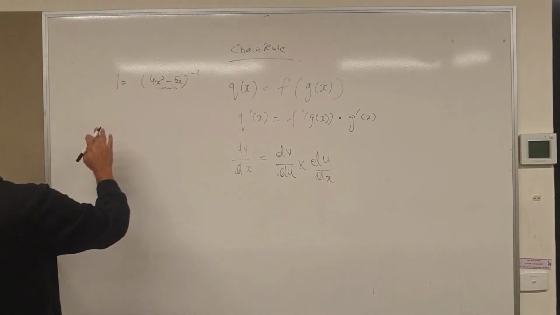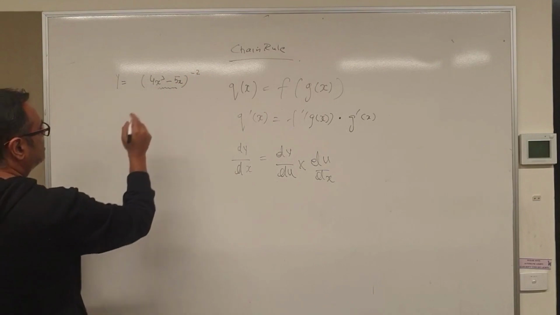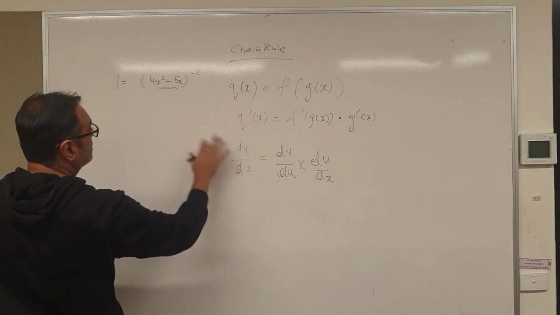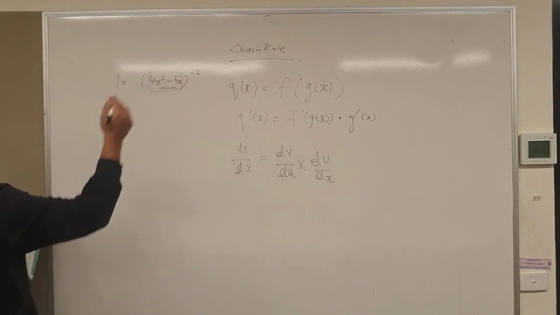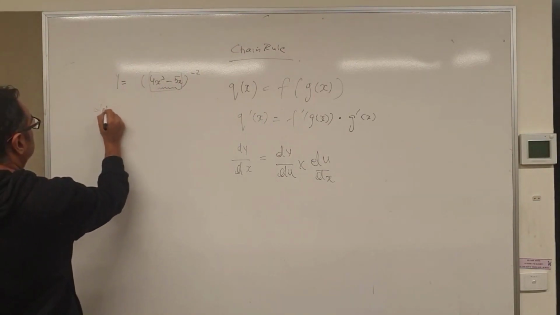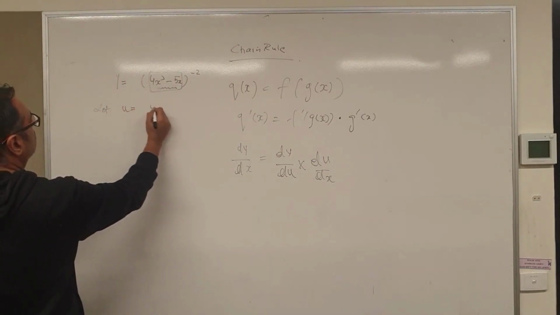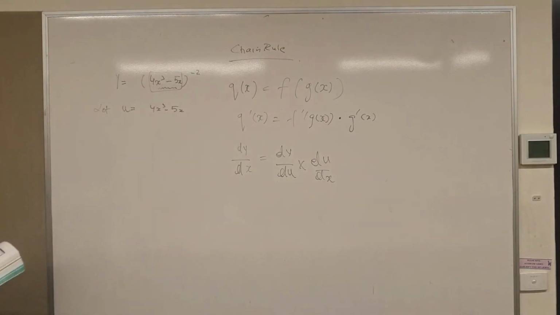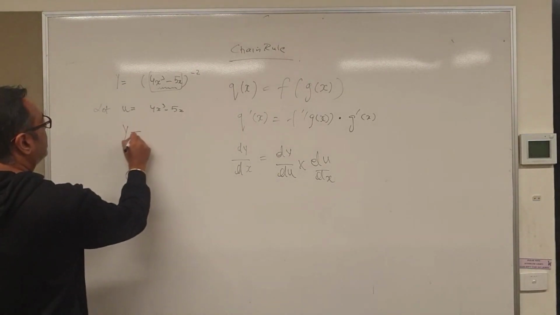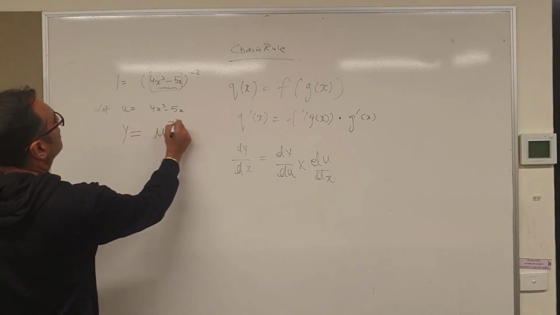So the easiest way is, rather than blindly doing it, assume the inner function to be another function. Let u equal 4x cubed minus 5x. Then y equals u raised to the power of minus 2.